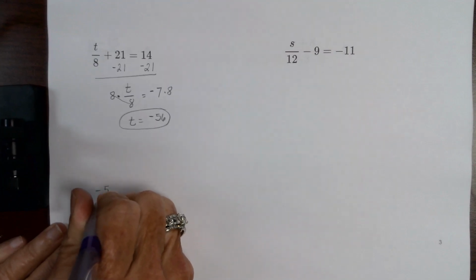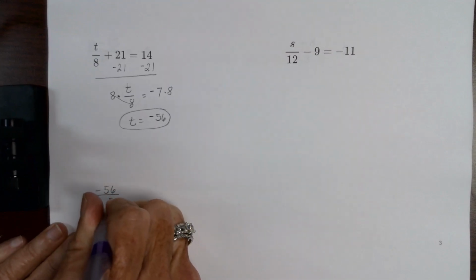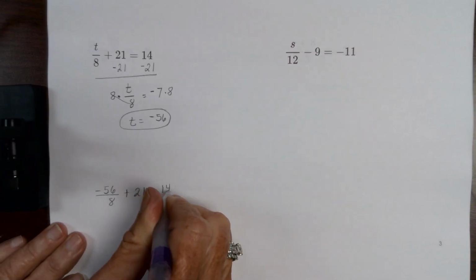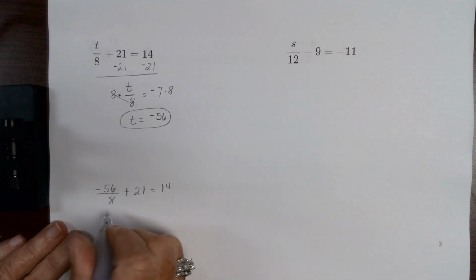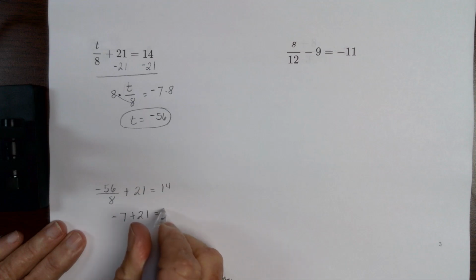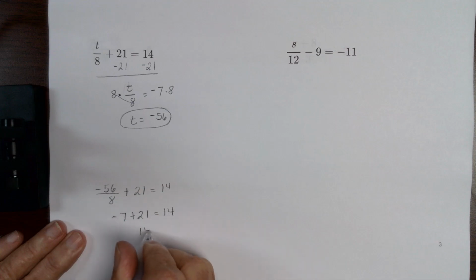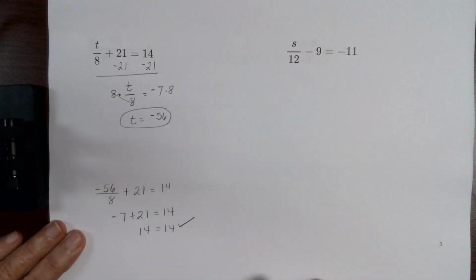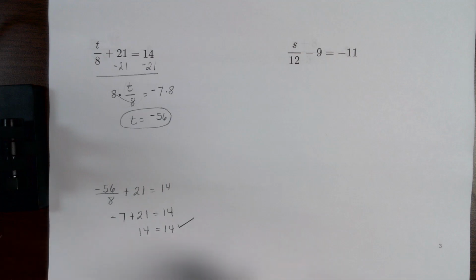So I have negative 56 divided by 8 plus 21 equals 14. Negative 56 divided by 8 is a negative 7 plus 21 is equal to 14, and that would give me 14 equals 14. So therefore I know the negative 56 is the correct answer for t.